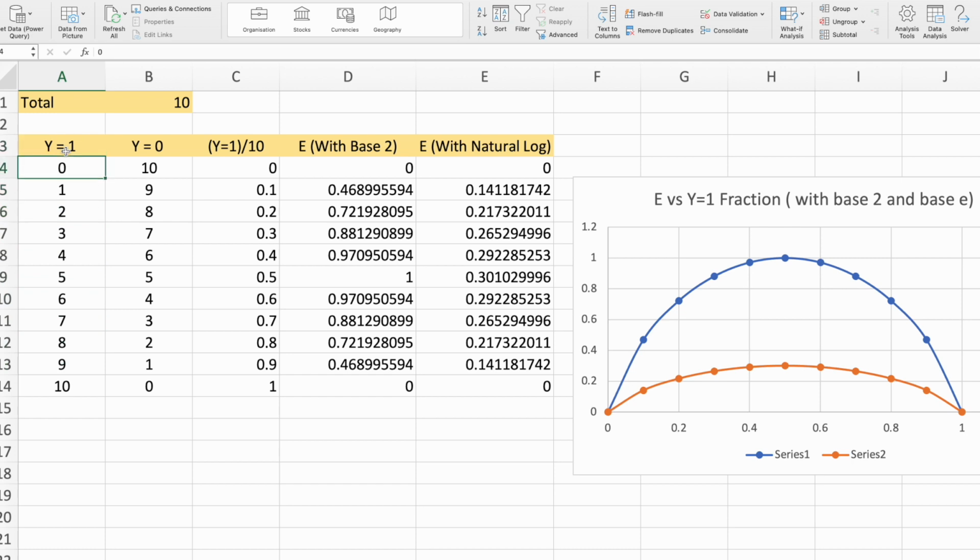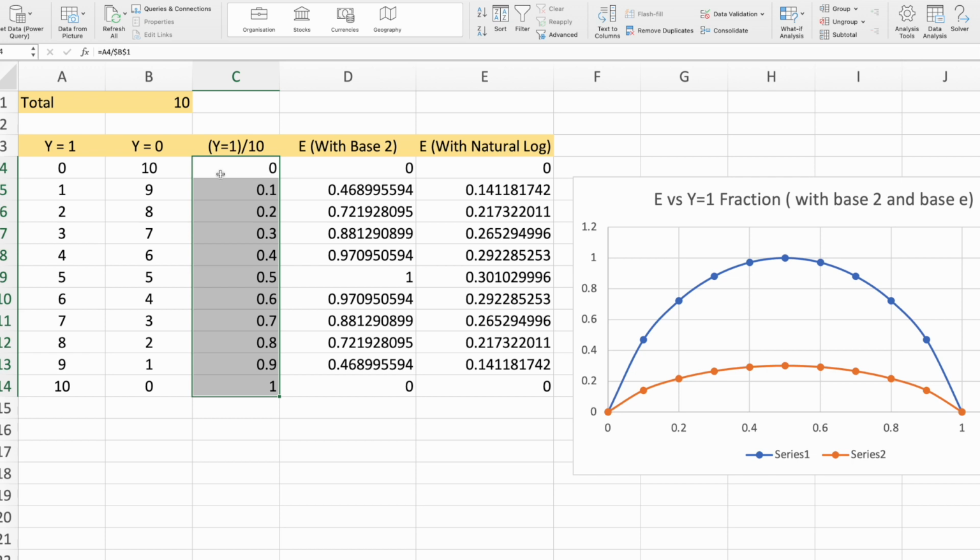For each category, let's say the positive class is 0, then the negative class will be 10, because there are 10 observations. If the positive class is 1, the negative class is 9. Similarly, I have drawn this, and this is just to draw this figure. What I have done is I have calculated the P1. This is P1, right?